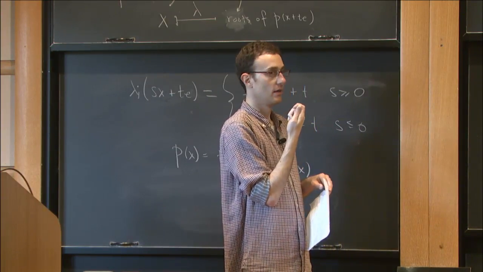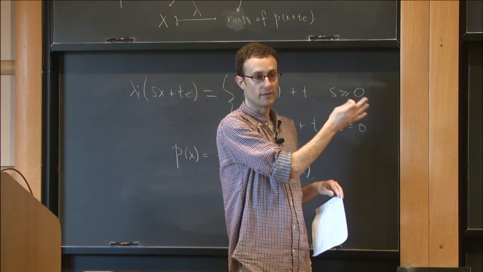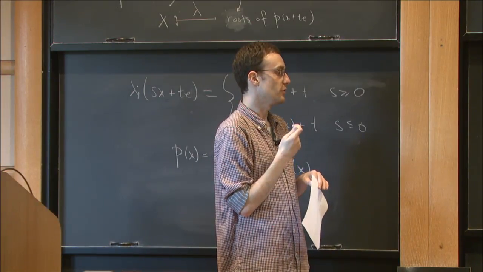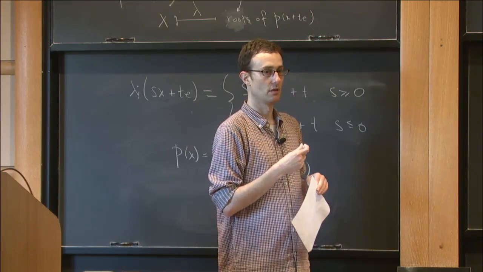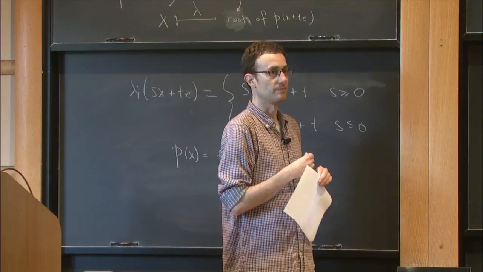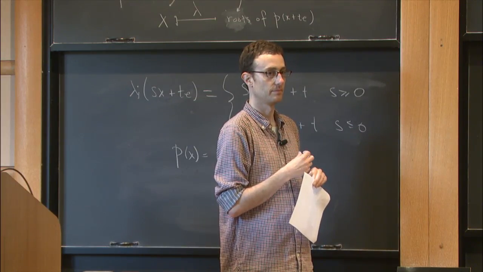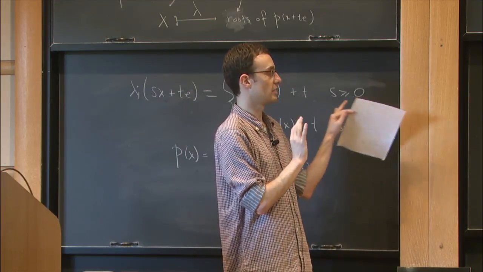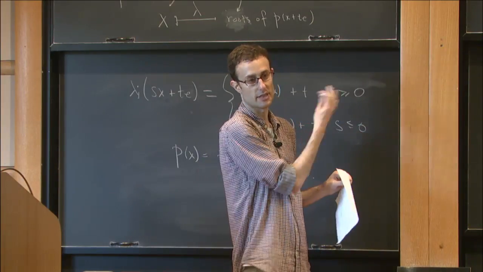Something very similar to that is implied by this. It gives you a collection of inequalities that have to be satisfied by hyperbolic polynomials as well. So there is a similar theorem. I think this is from the 70s, and it just is what it is.